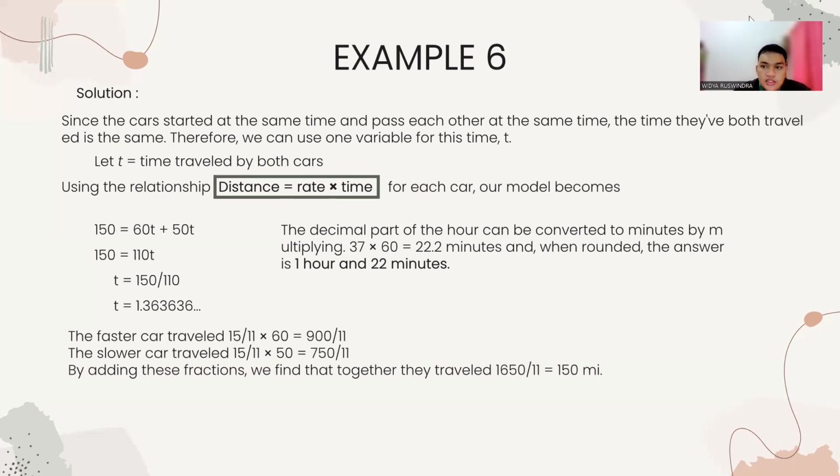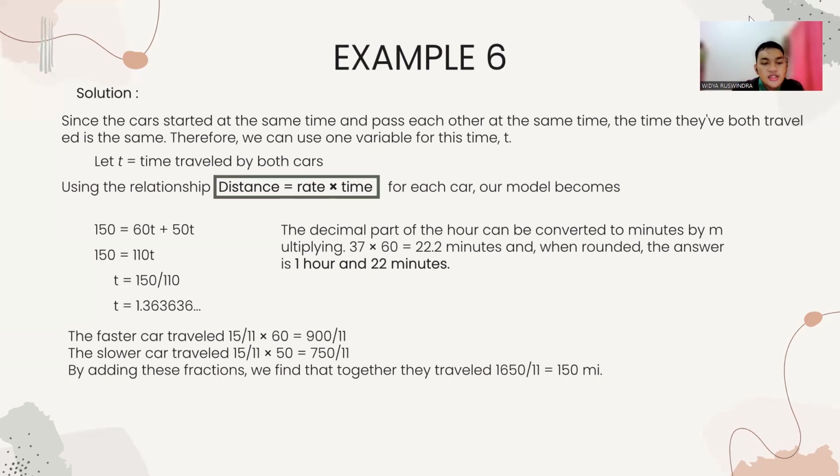This is to check the answer. The faster car travels 15 over 11 times 60 equals 900 over 11, and the slower car travels 15 over 11 times 50 equals 750 over 11.